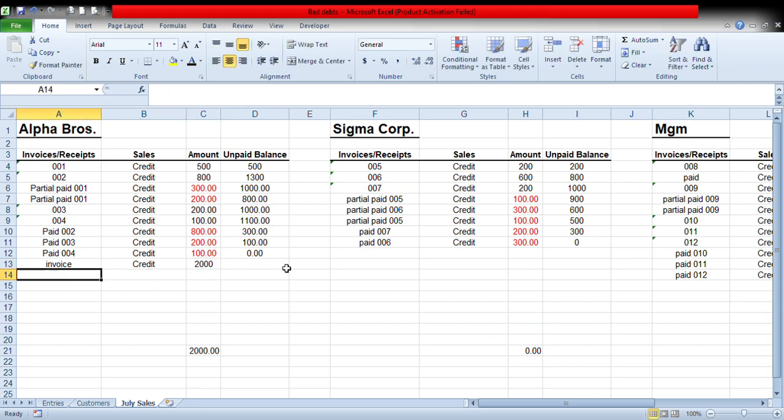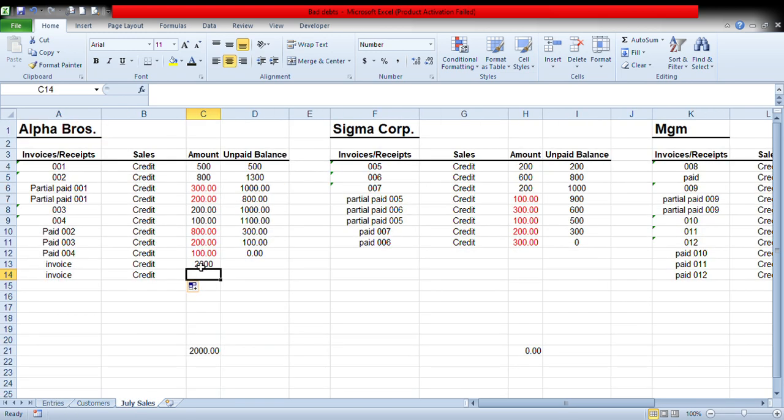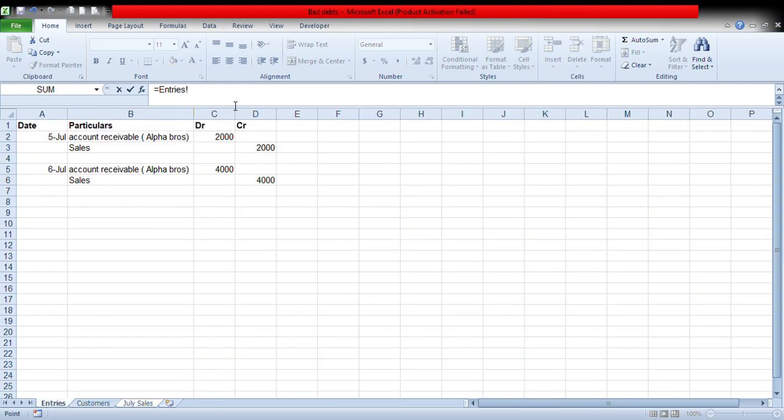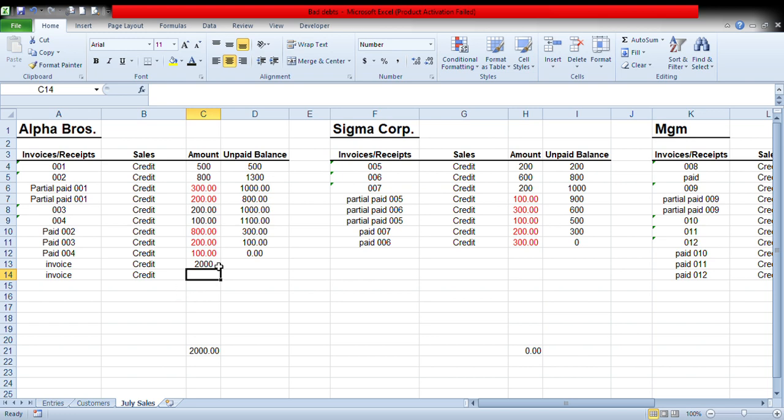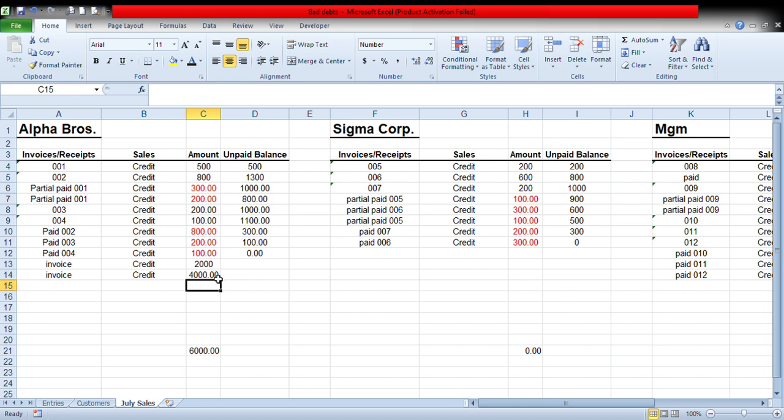Another invoice I create for the same customer, again credit. The amount, it's better if I link it here. It's better to link with this. Okay, 4000. So these are the two.